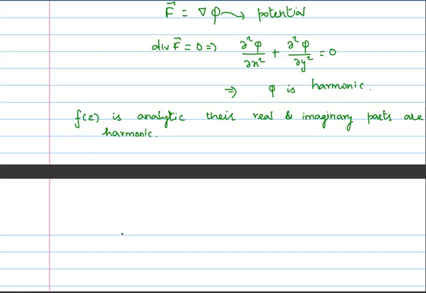So I will take omega of z equal to phi of x comma y plus i times psi of x comma y.